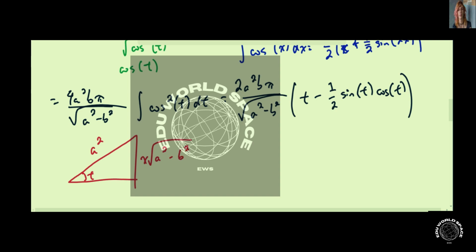So obviously the missing side, by the Pythagorean theorem, would be the square root of a squared minus x root a squared minus b squared, the whole thing squared. All of that is in the root.